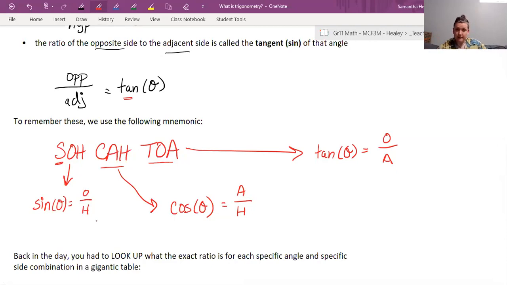Now the question is, how did we figure out all these ratios? The answer is, back in the day, ancient people made a ton of triangles, out of wood, out of cord, out of whatever, and they measured the sides and the angles, and they calculated ratios over and over again to check, are these all the same?